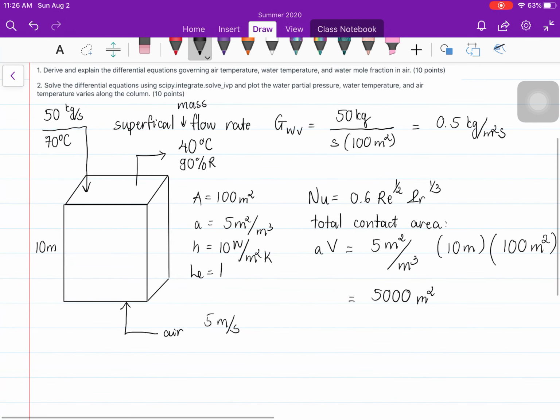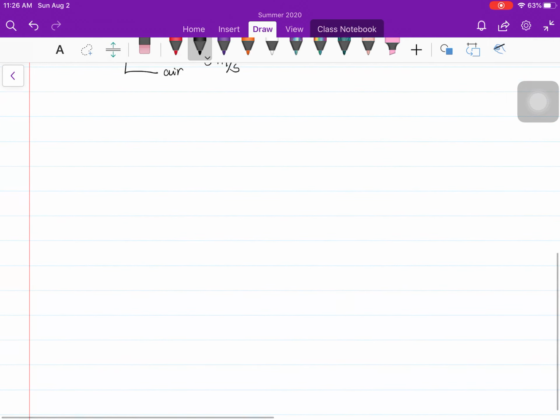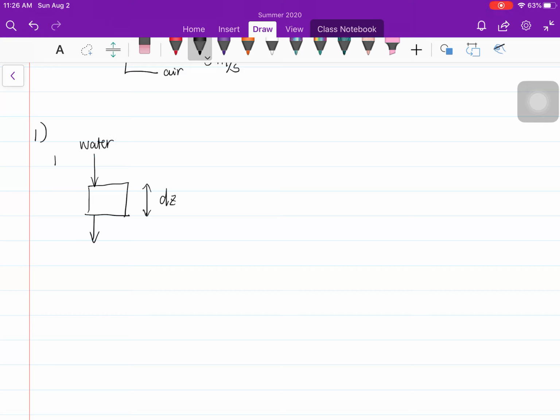So the first part of the exam is to derive and explain the differential equations governing air temperature, water temperature, and water mole fraction in air. So what I would do here is to take a look at a very small section with a thickness of dz. We will have water coming in from the top and coming out from the bottom, with temperature Tw and enthalpy Hw.